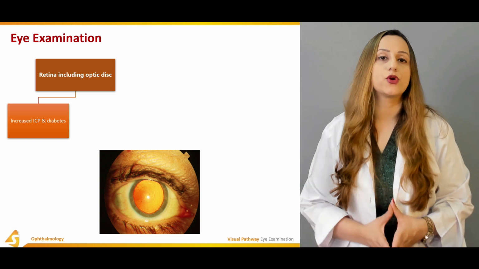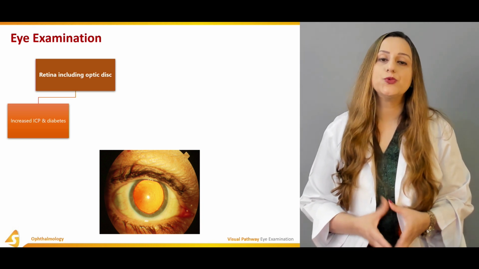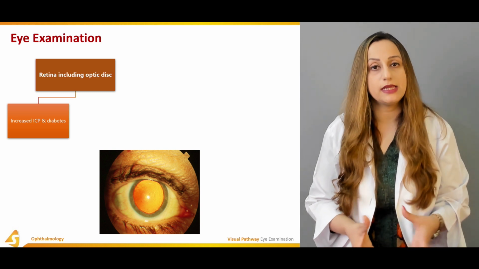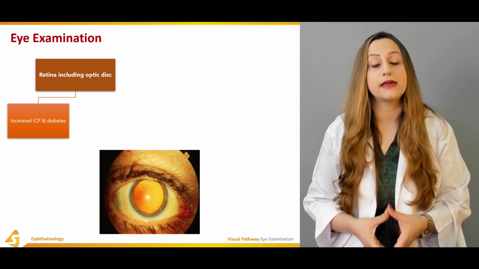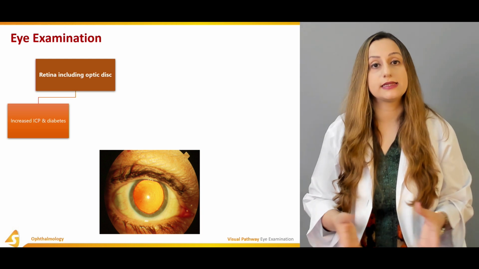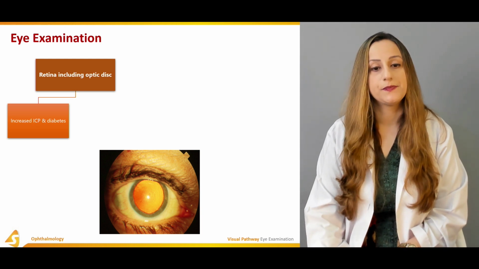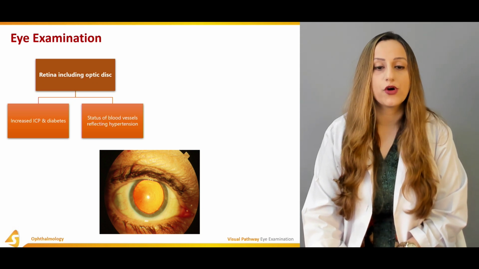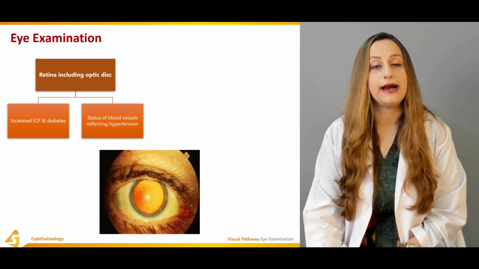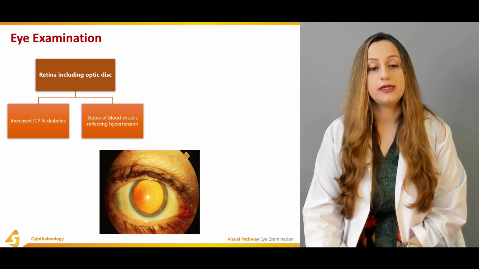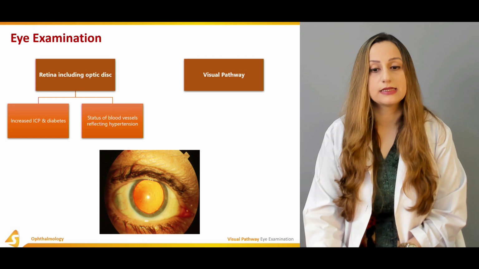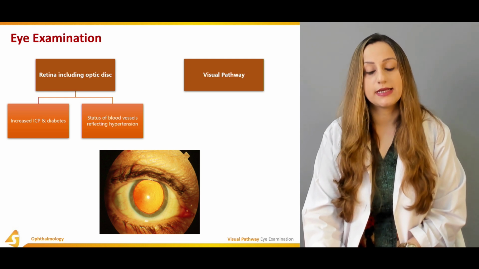Or obviously, there are a lot of other reasons for this increased intracranial pressure, ranging from infectious states to other traumatizing states in a particular patient. So the status of the blood vessels is tested in this patient, reflecting hypertension, or the other causes can be trauma, or other infectious states that are usually visualized in these patients.